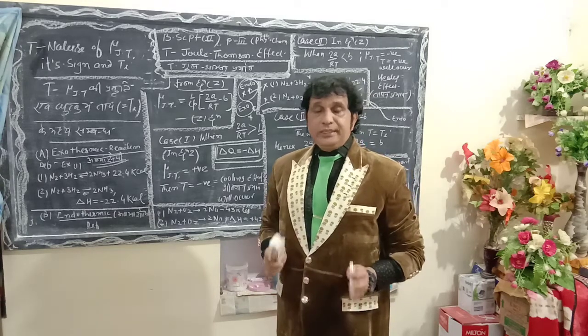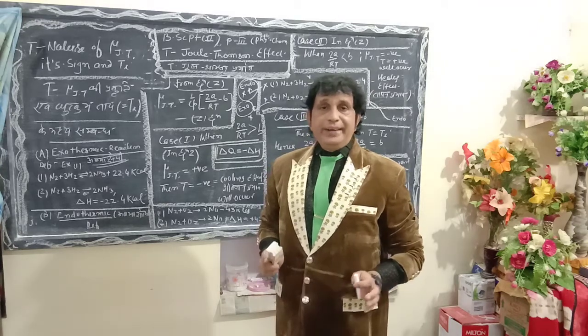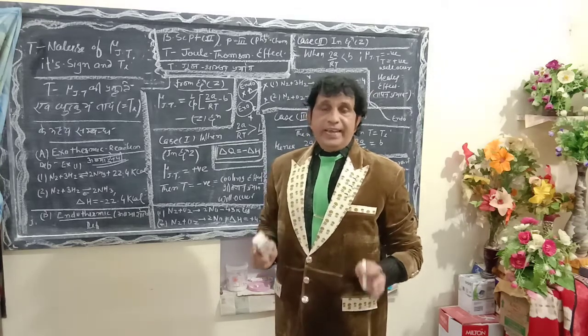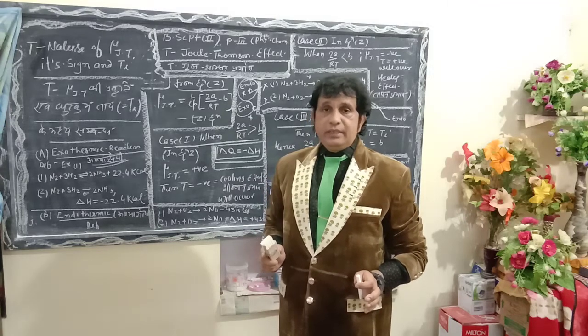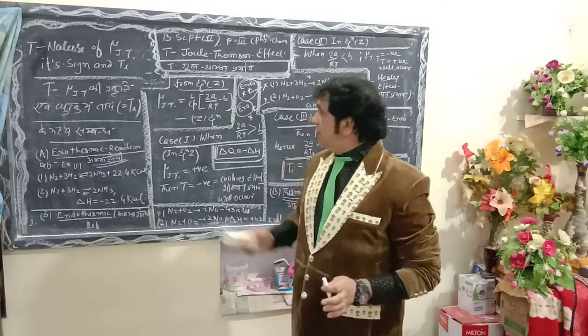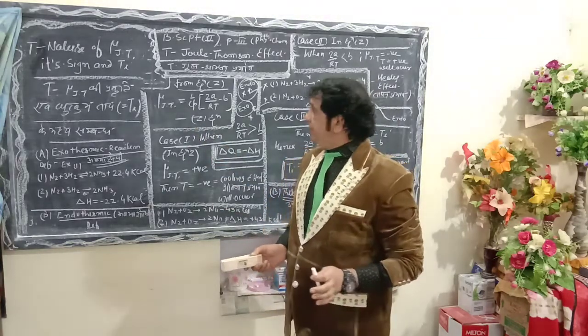Once again, listen to me, a very interesting topic regarding the nature and sign of mu-J-T and Ti. Inversion temperature we are going to define today. From equation number Z, we have derived this equation.